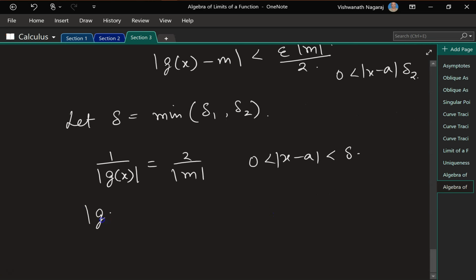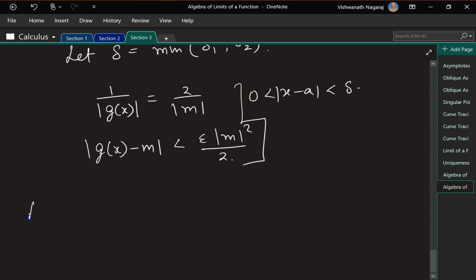Similarly, magnitude of g of x minus m is less than epsilon magnitude of m square by 2, again for the same condition. Again, 1 by g of x minus 1 by m, this is what we want to prove, is less than epsilon.